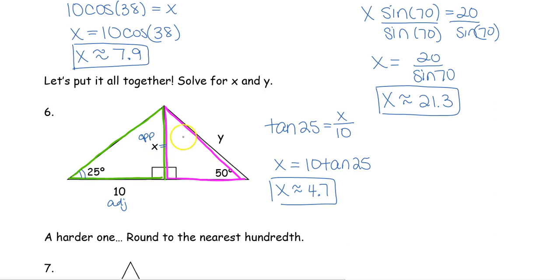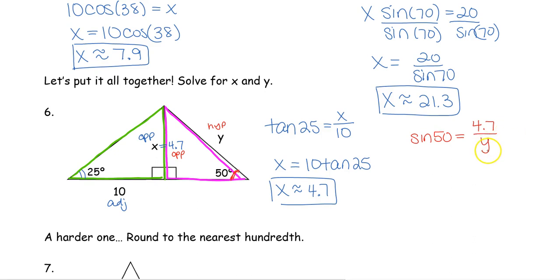Now that right there is the connecting piece. Now that I know that this x is 4.7, I can go to the next triangle and I can use that 50 reference angle. This is opposite, this is the hypotenuse. So I think about the trig function that relates opposite and hypotenuse, which is sine. So it's sine of our reference angle of 50 is equal to the opposite side of 4.7 over the hypotenuse of y.